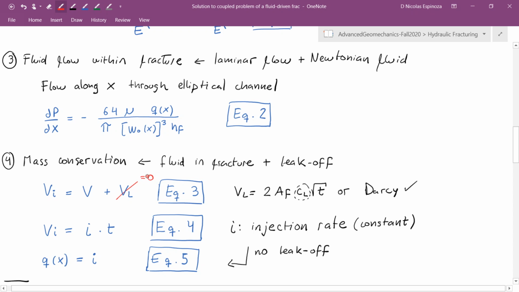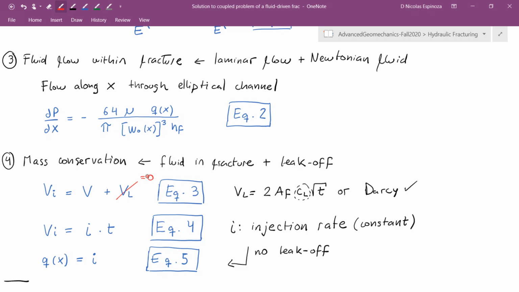So this is one of the points in which we start to work towards a solution which is simpler to deal with and to obtain, but this is something that you could relax if you wanted to write, for example, a numerical solution for this same problem.